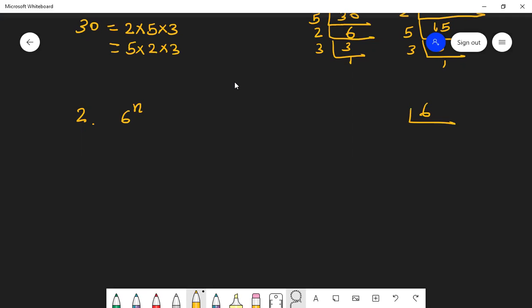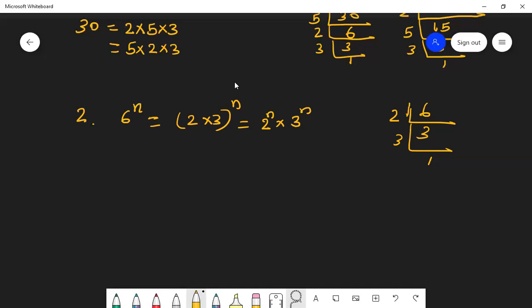For that I must divide this by prime numbers. First I'm going to divide by 2, I get 3. And by 3 when I divide, I get 1. So this I can write as 2 into 3 the whole power n. Then again I can expand this as 2 power n into 3 power n.